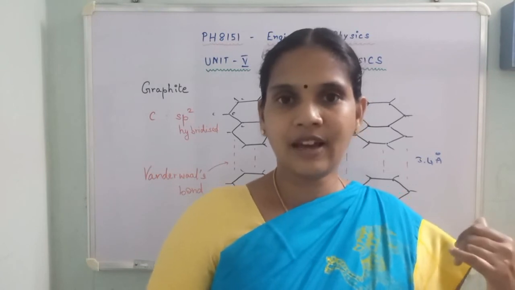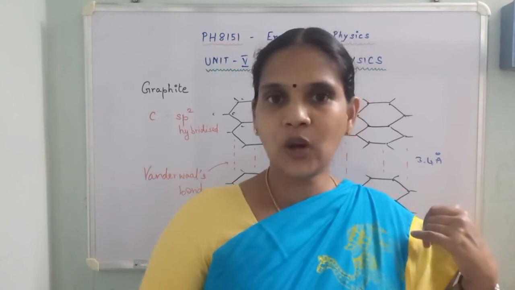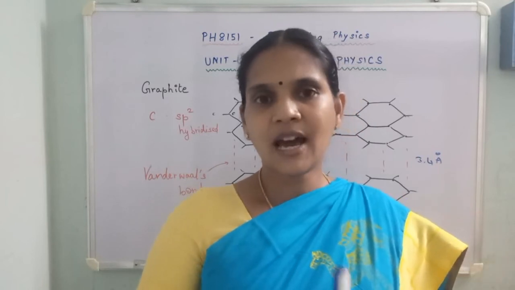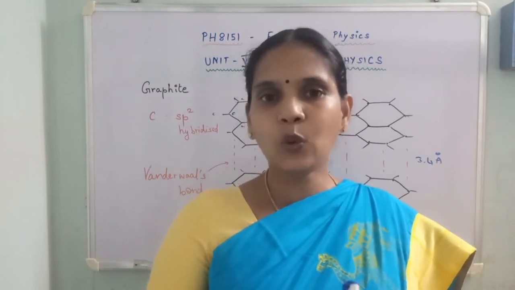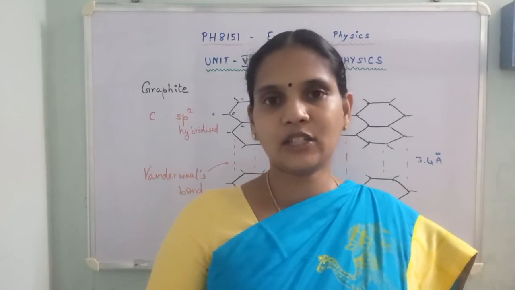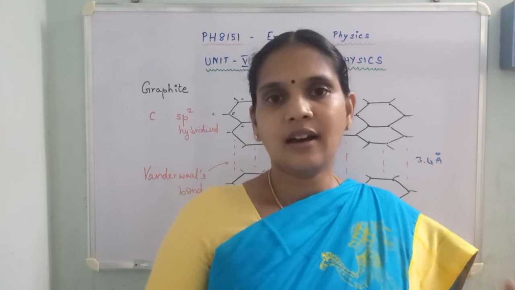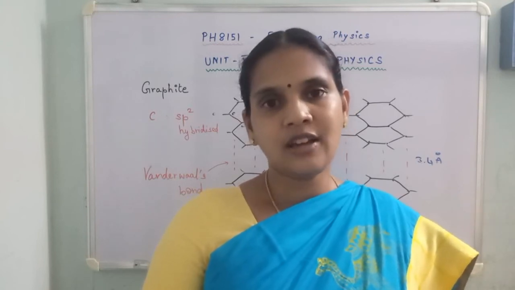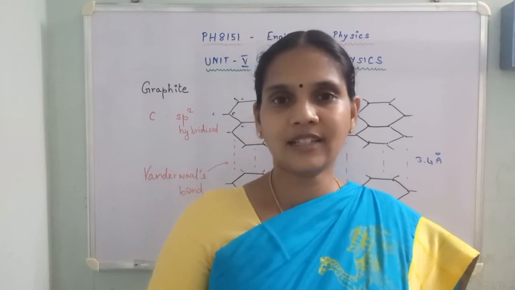Whereas in graphite, which is sp2 hybridized, it forms sheets which are bonded together by weak van der Waals bonding due to the delocalized electrons, and hence graphite is very soft and is also a good conductor.